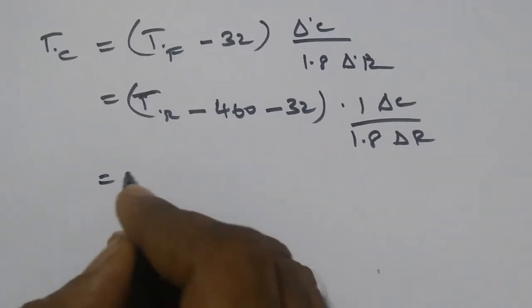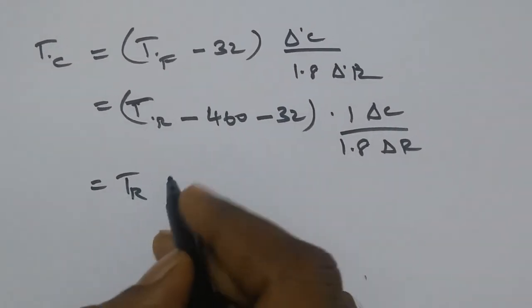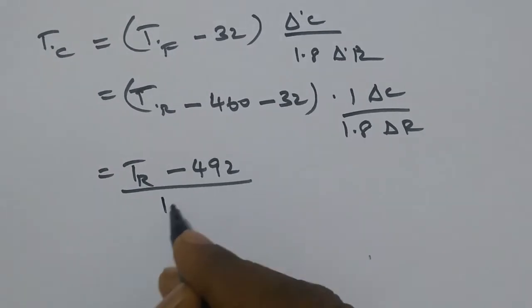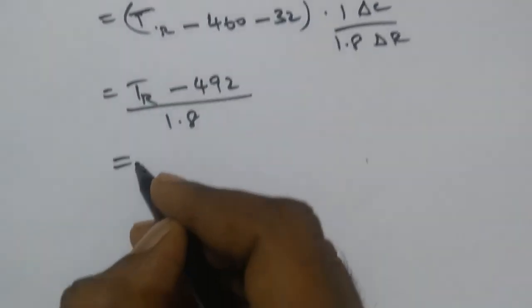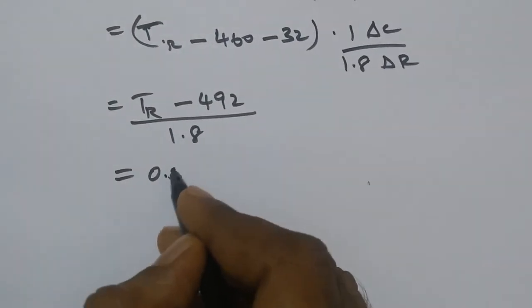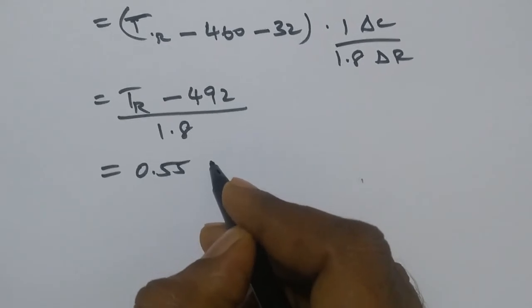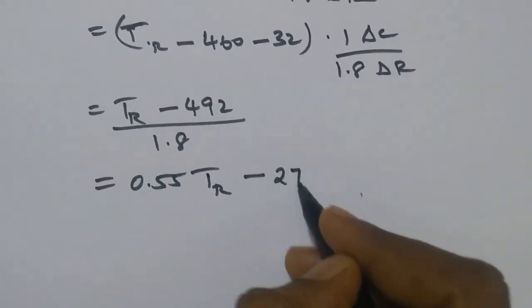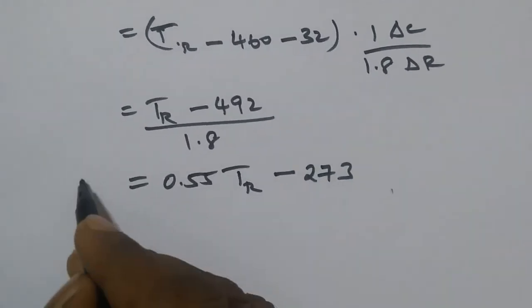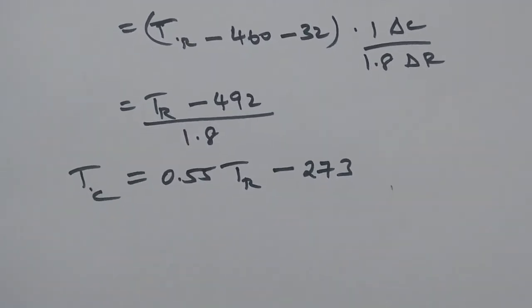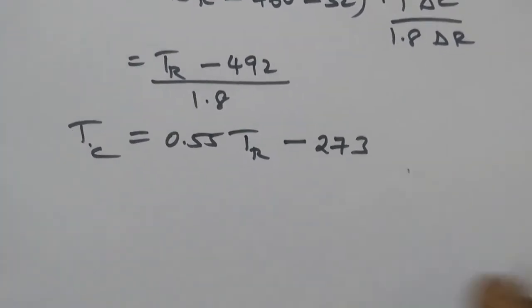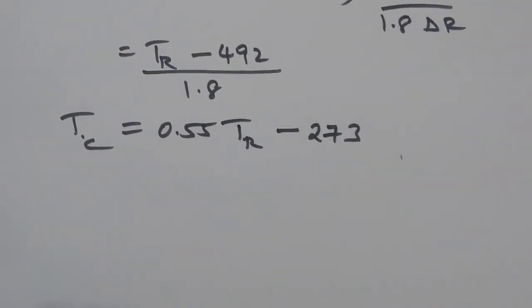We can simplify this to write temperature in degree Rankine minus 492 divided by 1.8. When we further simplify, 0.55 temperature in degree Rankine minus 273 is temperature in degree Celsius. So this is what we get as the first equation.